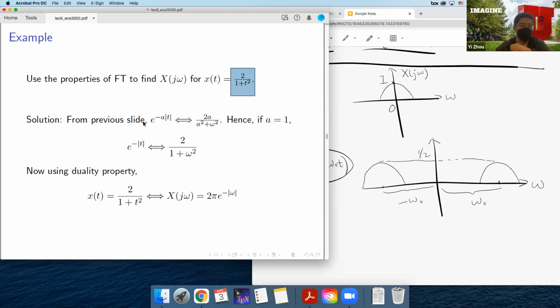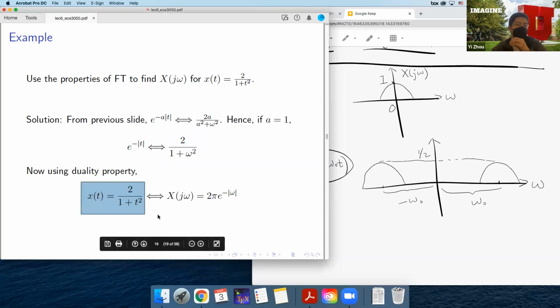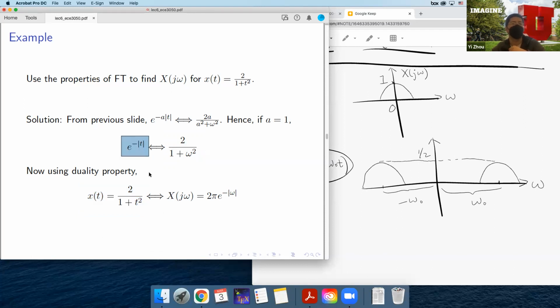So basically, from the previous slide, we know that such a two-sided signal has this spectrum. And then by the duality property of the Fourier transform, we can directly conclude that if we take this spectrum and make it a signal, so now we are considering this signal, then the corresponding Fourier transform is given by 2 pi times this function.